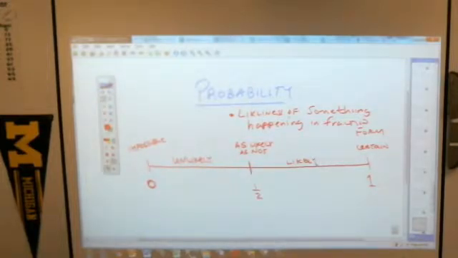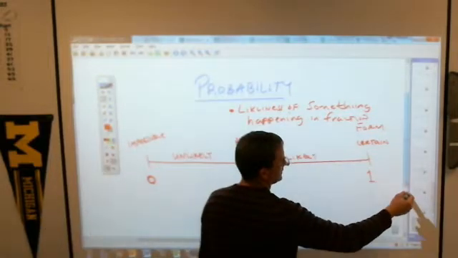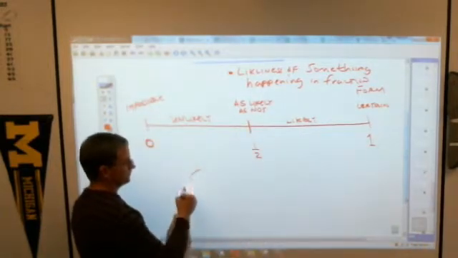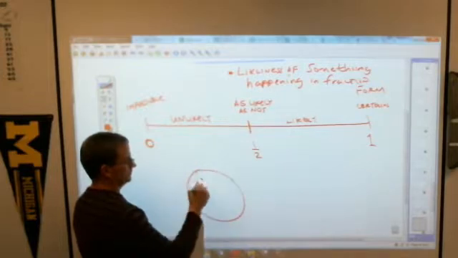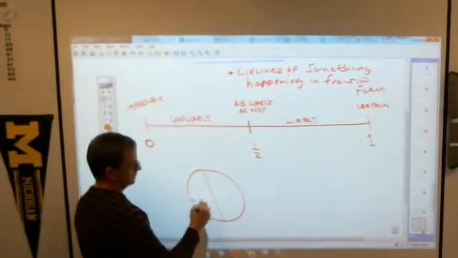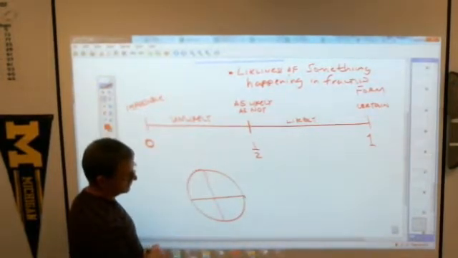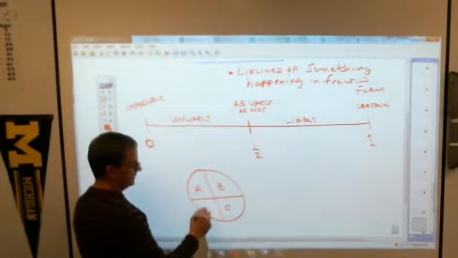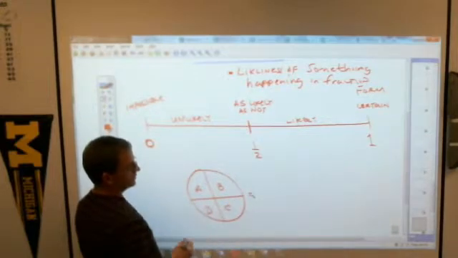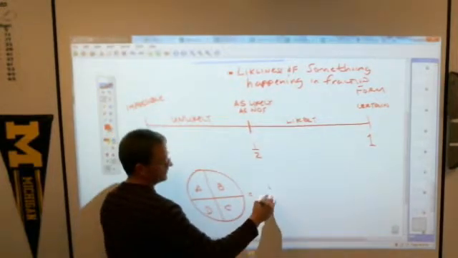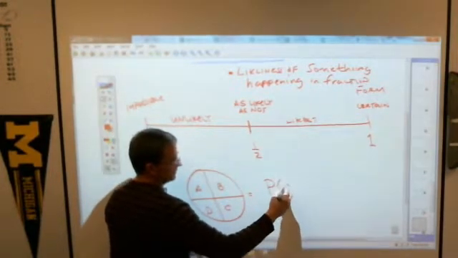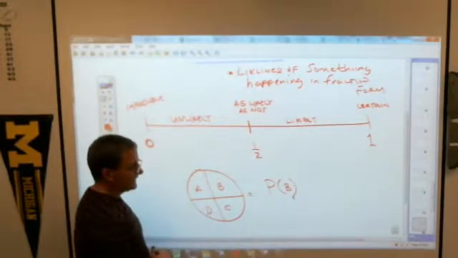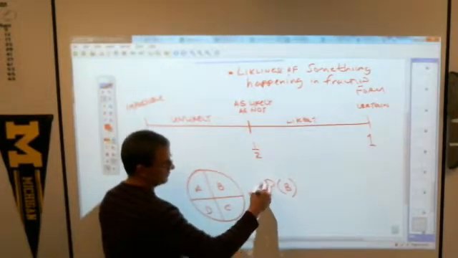And you just have to think about, let's say you've got a spinner labeled A, B, C, and D. Here's how we show probability. If I asked you what the probability of spinning a B is, we put the capital letter P, that stands for probability.